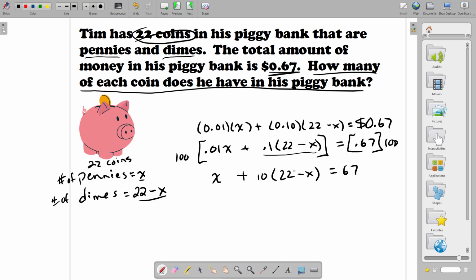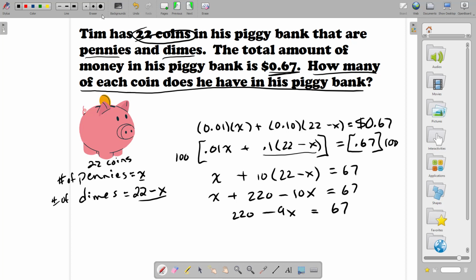We need to first of all distribute the 10, so we get x plus 220, 10 times 22, then 10 times negative x is negative 10x equals 67. Then we need to combine like terms, so we get x minus 10x is negative 9x plus 220 equals 67.